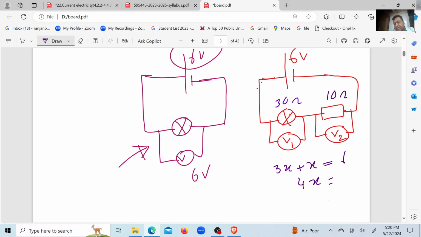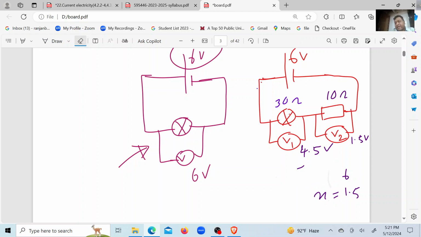So 4x equals 6, x equals 1.5. That means it will be 1.5 volt, and the other will be 4.5 volt, right? 4.5 volt. This is called the potential divider rule.